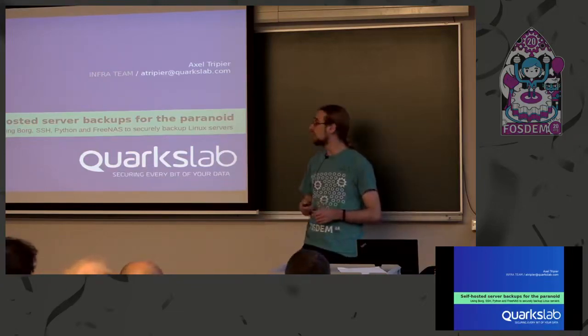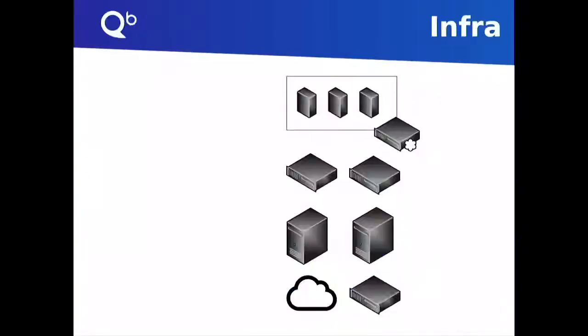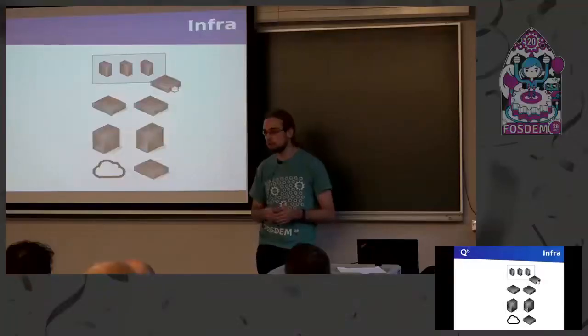At Quarks Lab, our infrastructure is composed of different types of servers. You have virtual machines, of course. You also have bare metal servers that are on-premise. Some project servers, as we call them, can contain sensitive information that we only want a limited number of people at Quarks Lab to have access to.